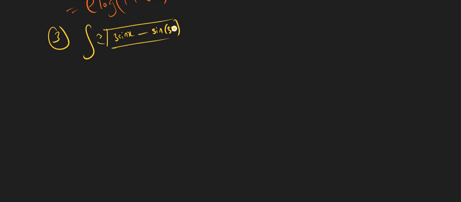Now we can simplify this, but you have to understand that sine 3x can be expressed in terms of powers of sine x. There's a formula that says sine 3x equals 3 sine x minus 4 sine cubed x.